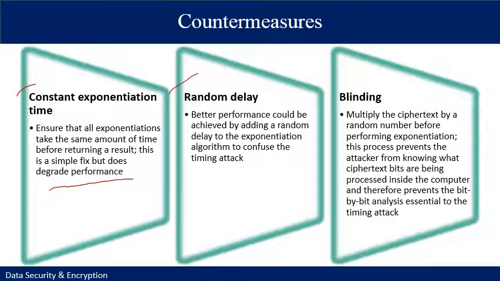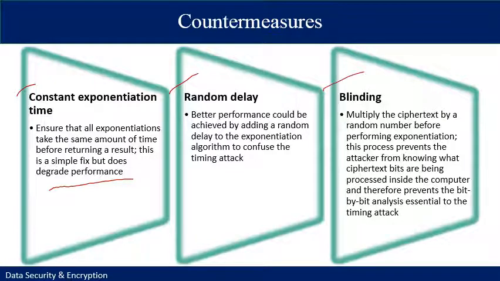Or you can add a random delay, which will improve the performance. Better performance could be achieved by adding a random delay to the exponentiation algorithm to confuse the timing attacks. That means you can add some time to the calculations. The author points out that if the defender does not add enough noise, attackers could still succeed by collecting additional measurements to compensate for the random delays.